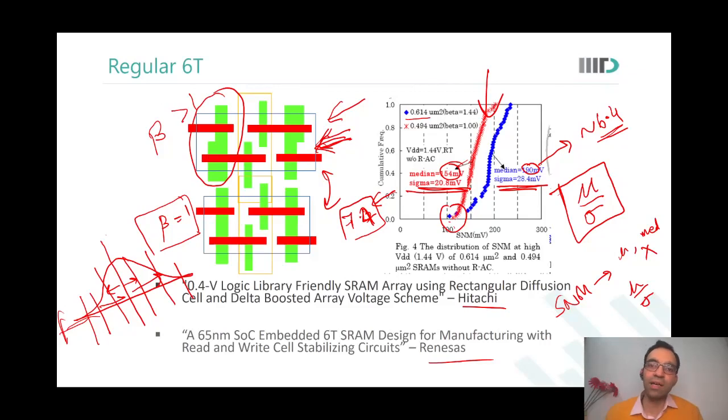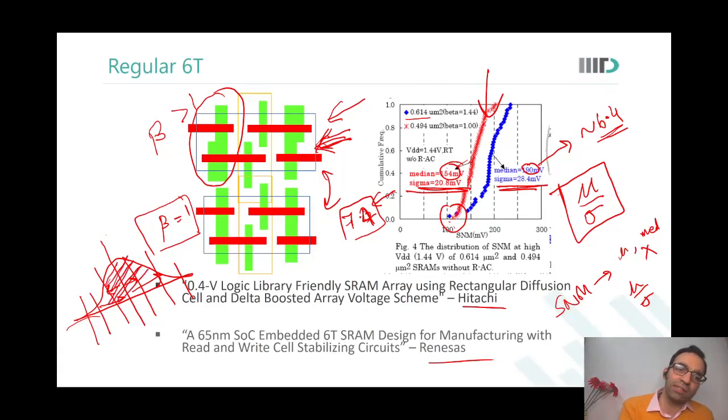Exactly, because see, zero mein SNM zero ho gaya ek tarah se. When it comes to zero, SNM becomes zero. So if I'm more sigma steps away from zero, it means more sigma of cells is covered without getting SNM to zero. So what that means is I can have more cells. So suppose mu by sigma was 1.